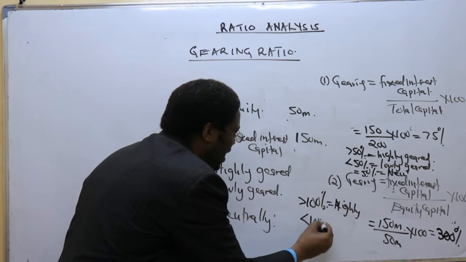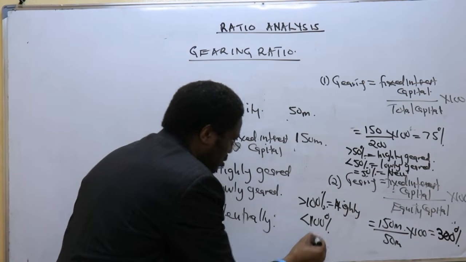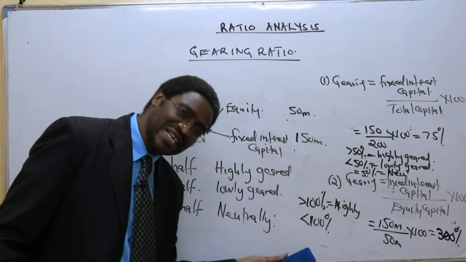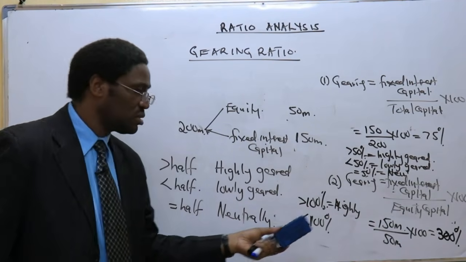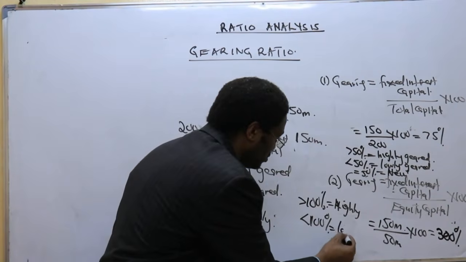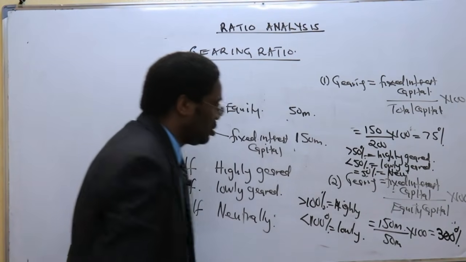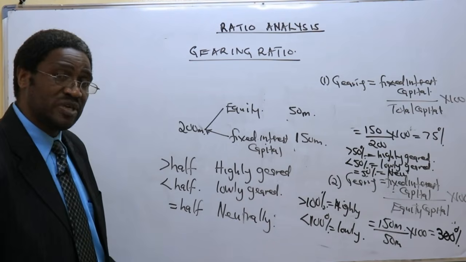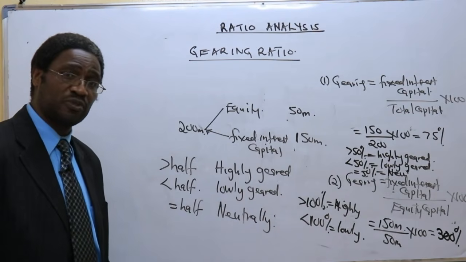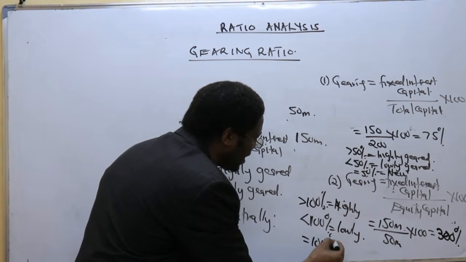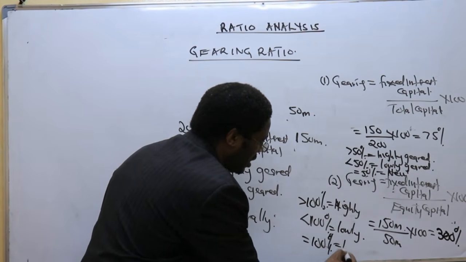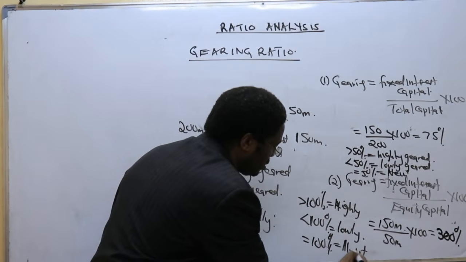Anything less than 100%, for the second formula, it means the company is lowly geared. Less than 100 means less than half of the company's capital is provided by fixed interest. When you're using this formula and you get exactly 100%, the company is said to be neutrally geared.